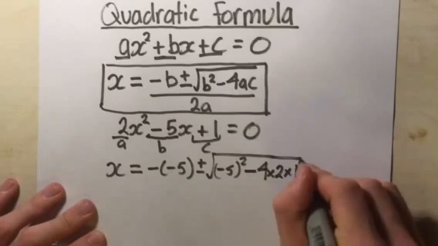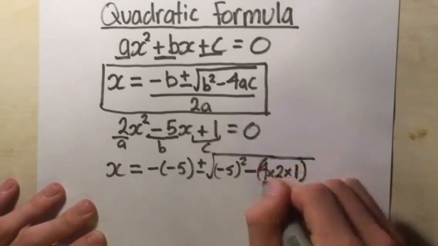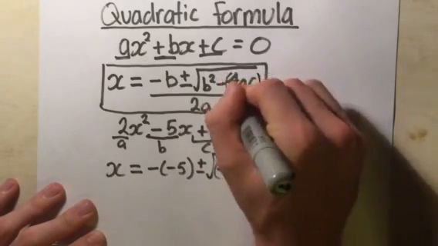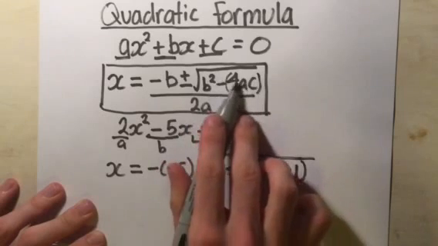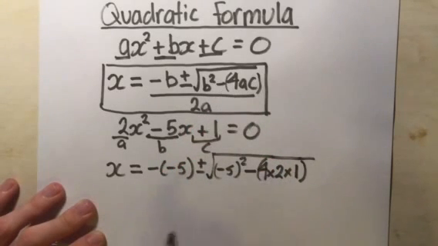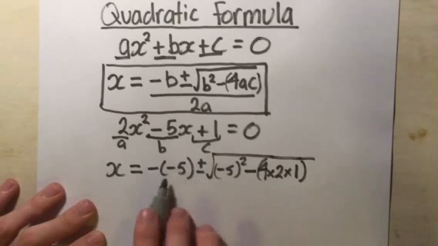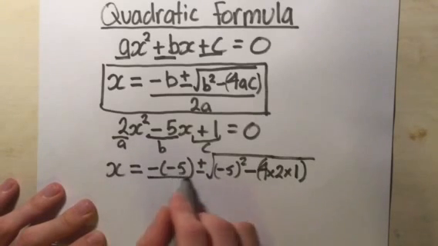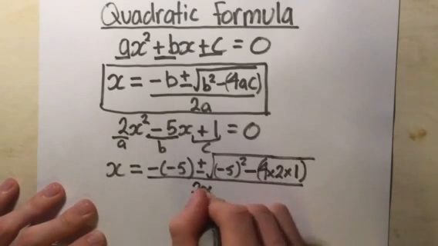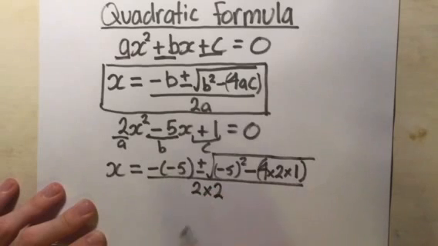And I'm actually going to bracket this 4ac part, if you look here, just so we don't get any of the negatives mixed up if there is another negative in this bracket. So make sure you use brackets wherever you can. We're then going to divide this by 2 times a, which is 2.